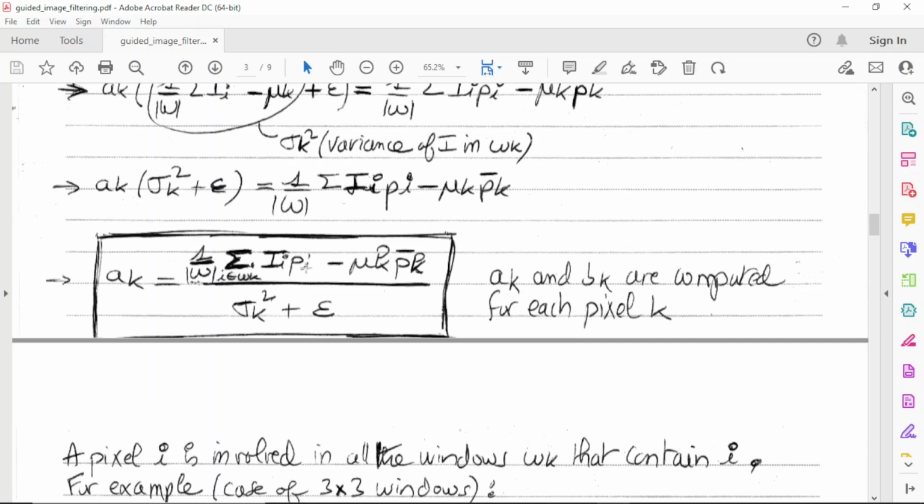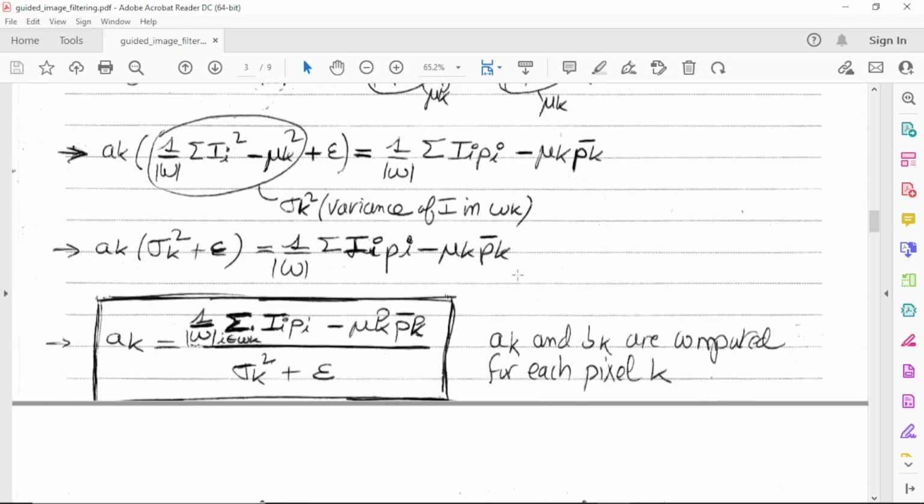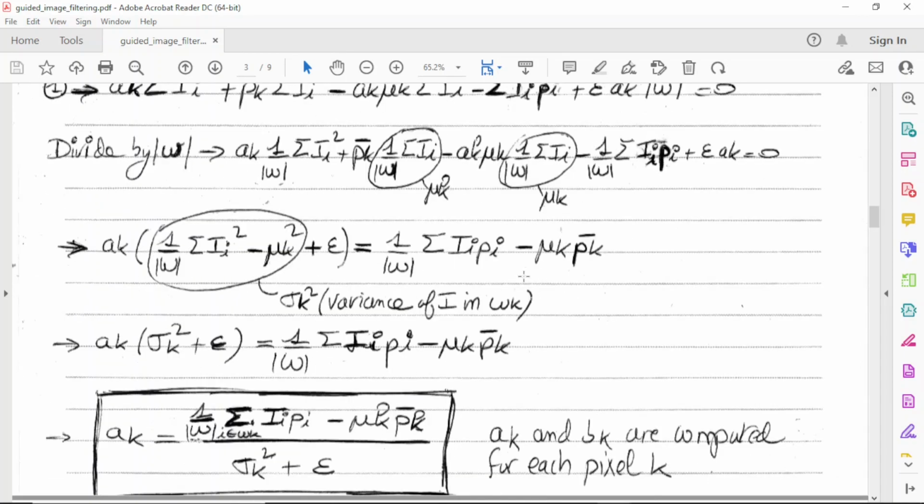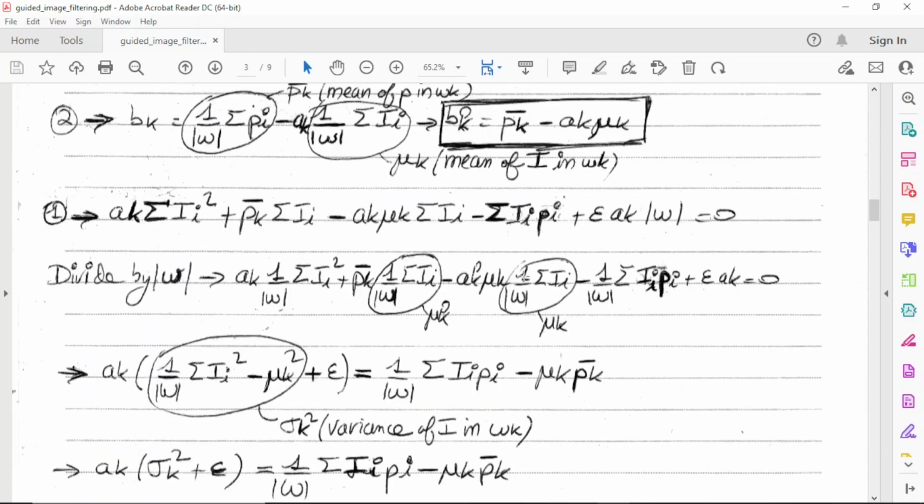The I represents a pixel in that window, the block window centered at pixel K, minus mu K, PK bar. What's PK bar?